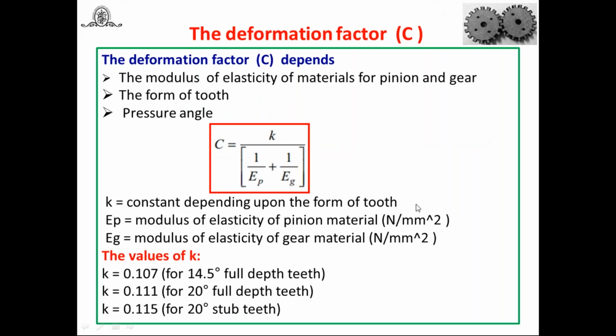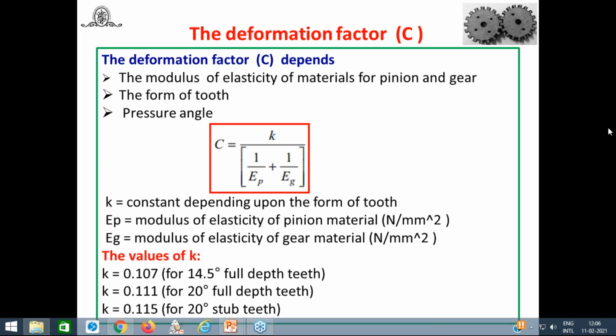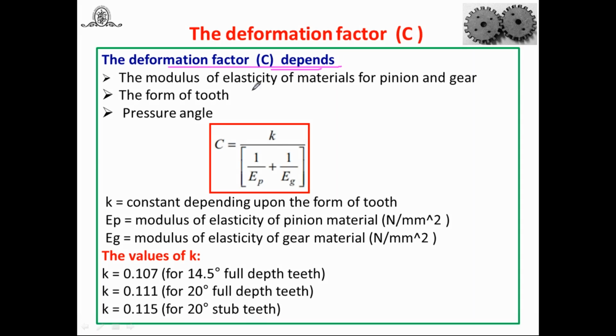Now let us see how to calculate this deformation factor also. That is important. I have told this value in Newton per mm square, but this deformation factor depends on the modulus of elasticity, because when two gears mesh, because of the tangential force to transmit the torque and power, at the point of contact between this meshing pair, pinion and gear, there is an elastic deformation which is going to happen.